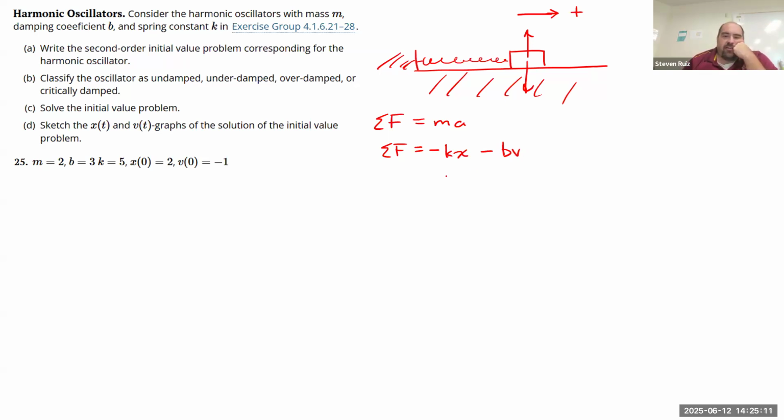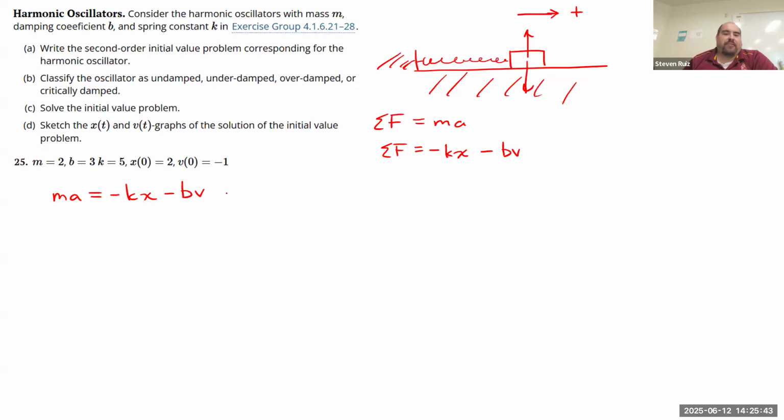All right, so my sum of all forces is equal to mass times acceleration, which is also equal to minus kx minus bv. I can write this as a differential equation because what is x? x is essentially how far from the equilibrium position I am, deforming my spring.